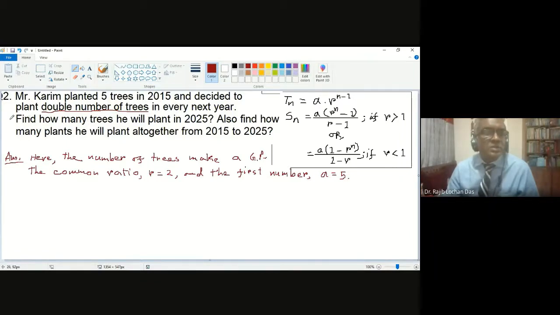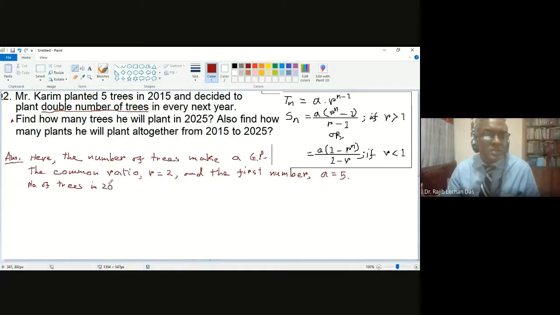So what is the first question? First part is you will find out how many trees will be planted in 2025. So this is actually T. What will be the number of trees in 2025?